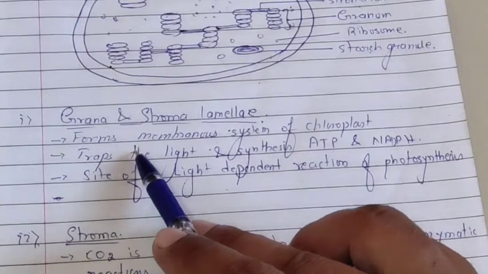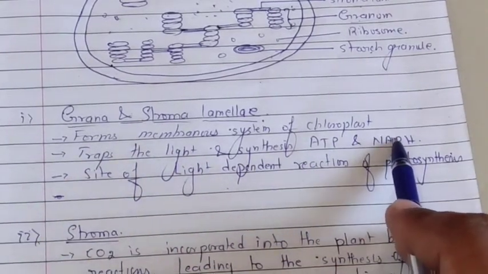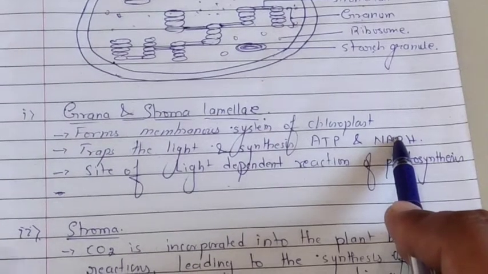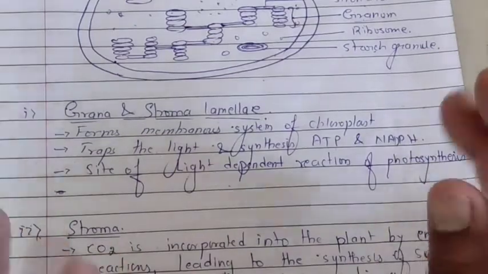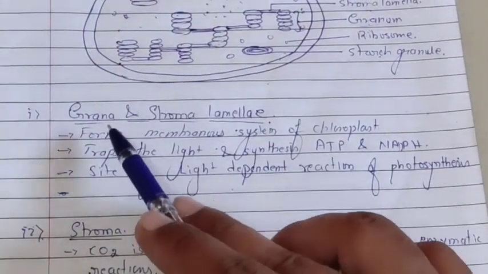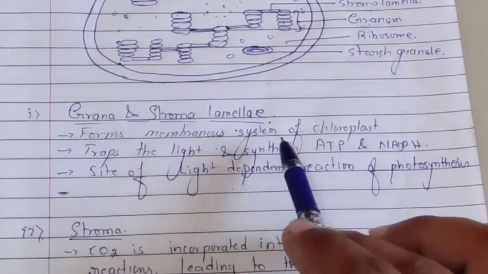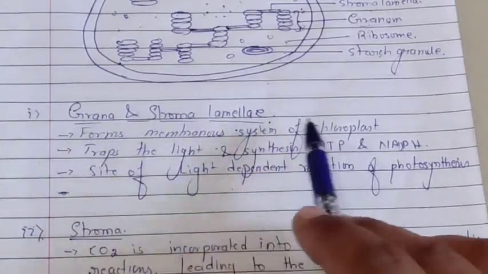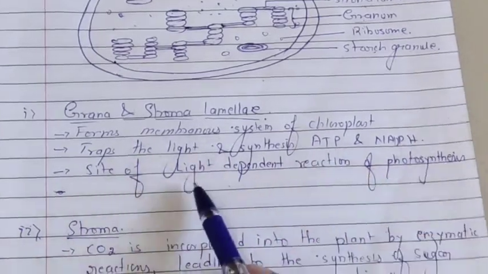It is this region where the light is trapped and certain molecules, ATP and NADPH, are produced. We will study in detail how they are produced. Till then, just remember that grana and stroma lamella form the membranous system of the chloroplast, trap the light and synthesize ATP and NADPH. So this becomes the site of the light dependent reaction of photosynthesis.